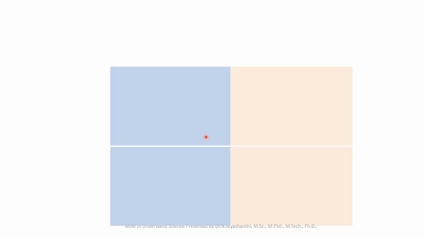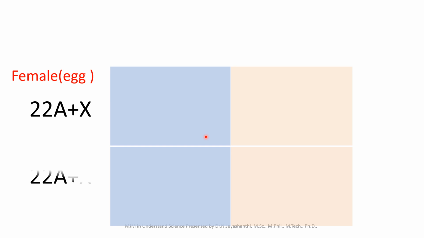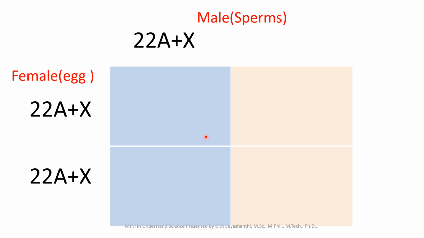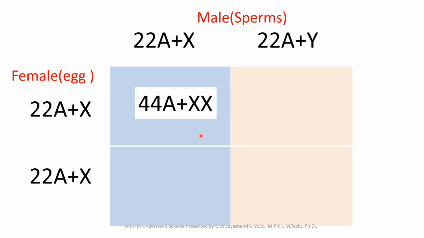This is to explain the sex determination in human beings. Female produces the same type of egg, 22A plus X, 22A plus X. But male produces two types of sperm, one is with 22A plus X, another one is with 22A plus Y. If 22A plus X sperm fertilizes the egg, we will get 44A plus XX female.